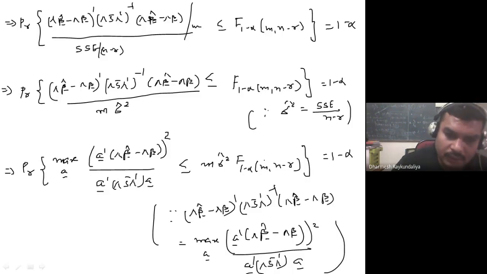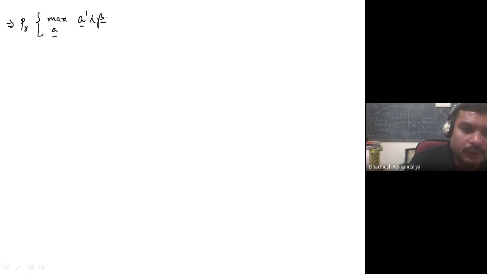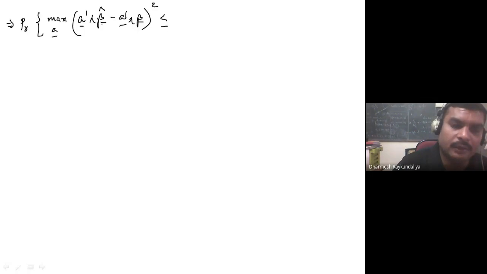Now, if we take this over here together, what can we write? We can write the probability that the maximum over A, taking A dash inside, we can write A dash lambda beta cap minus A dash lambda beta, whole square, is less than or equal to. What is the variance of A dash lambda beta cap?